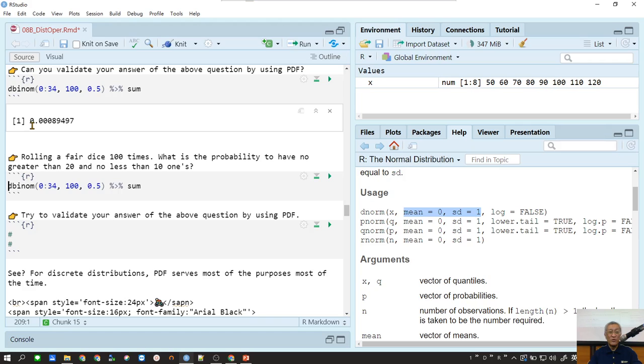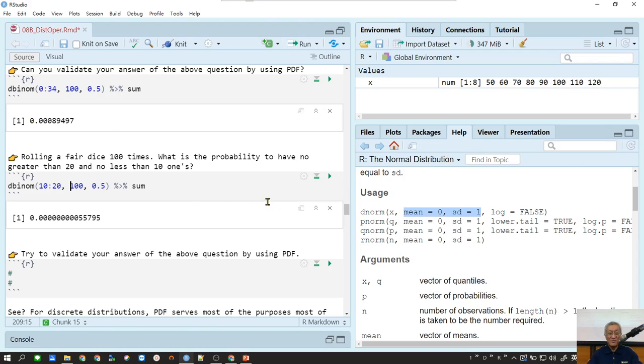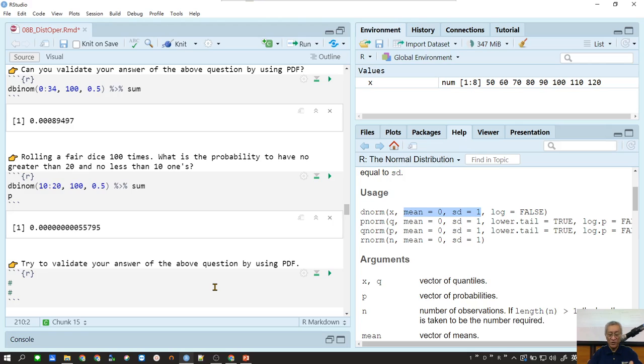So if we want to do it with the D function, okay, it's actually 10 to 20, right? It's actually easier if it was discrete, right? It's more straightforward, right? Otherwise, if you want to use the P function, then you need to call the P function twice, P of 20 minus P of something.